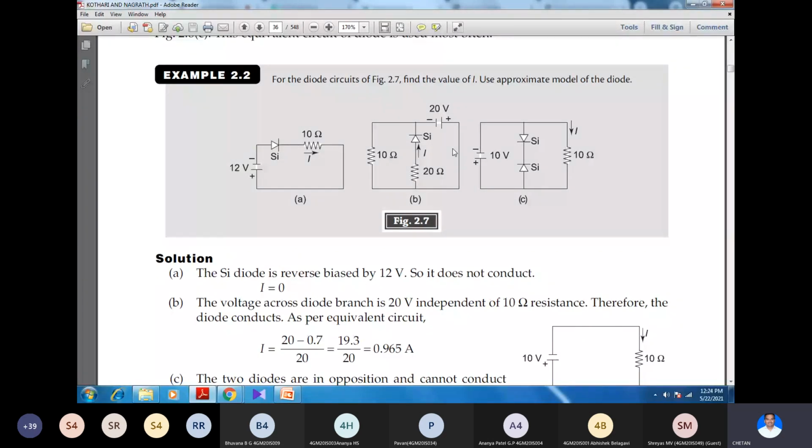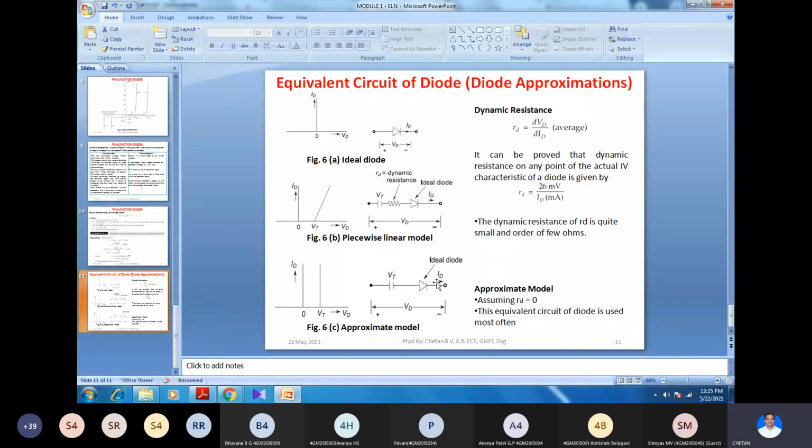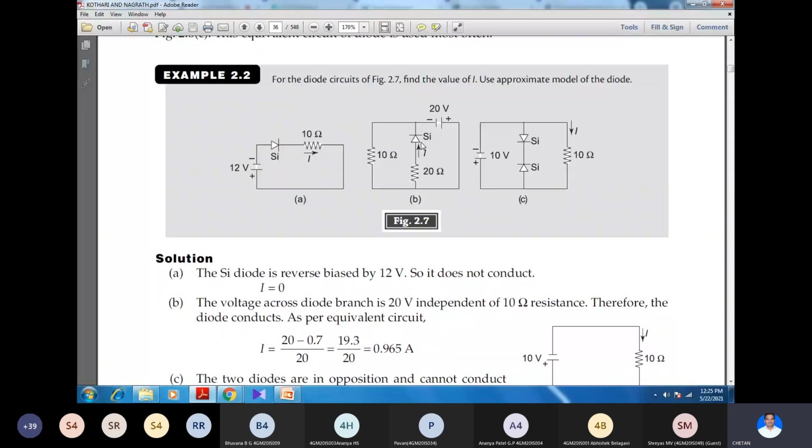So this 20 volt is parallel to both the diode branch as well as the 10 ohm resistance branch, but our interest is to find only this I. Therefore, first you have to replace the diode with the approximate model. So you will get a battery here, then afterwards an ideal diode, which is just like a short connection.